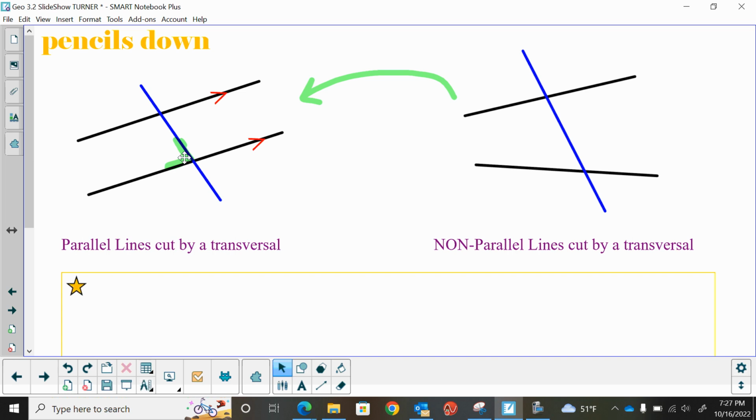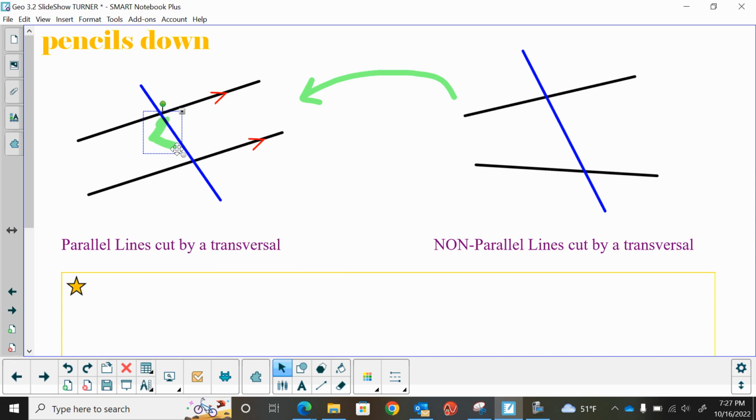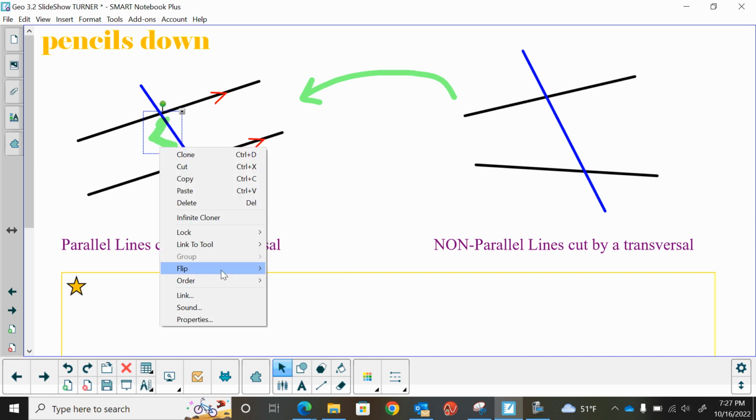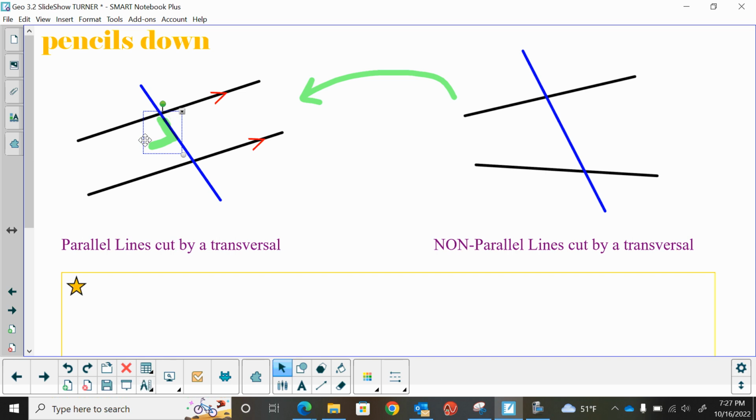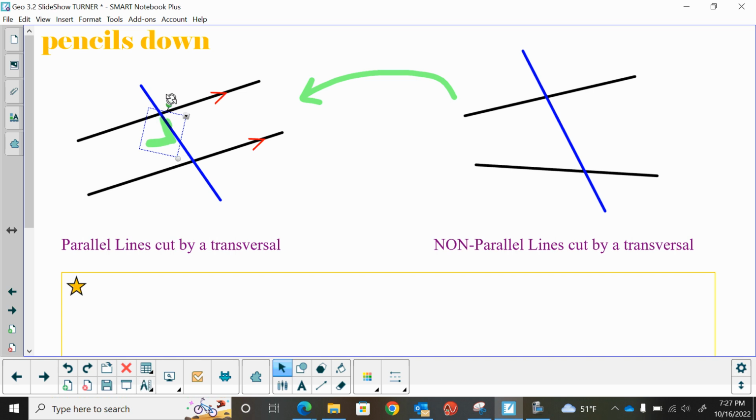And then the same thing would work if I move it up and, whoops, it's not going to work. Let's see. I'm going to flip this. I've got to flip it a little bit more. Nope, it's not going to work. I'm trying to rotate this. Maybe I can just rotate without making it a different size.